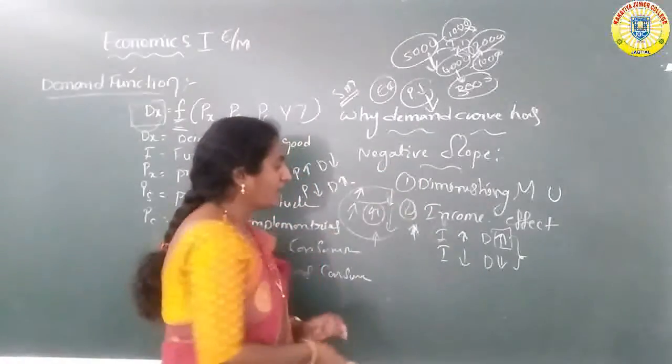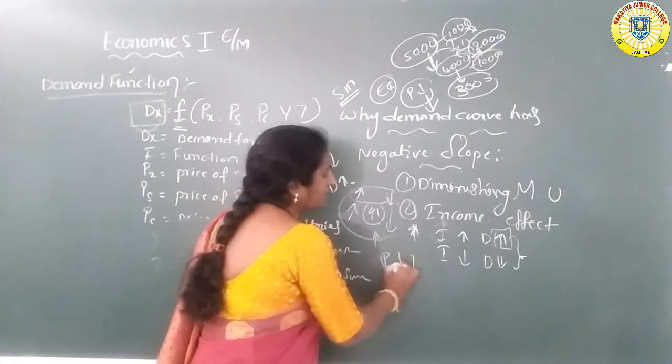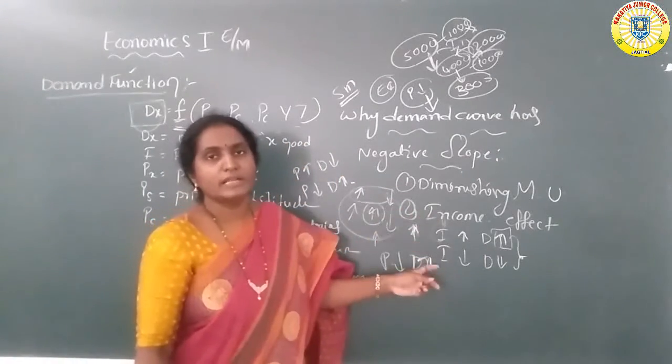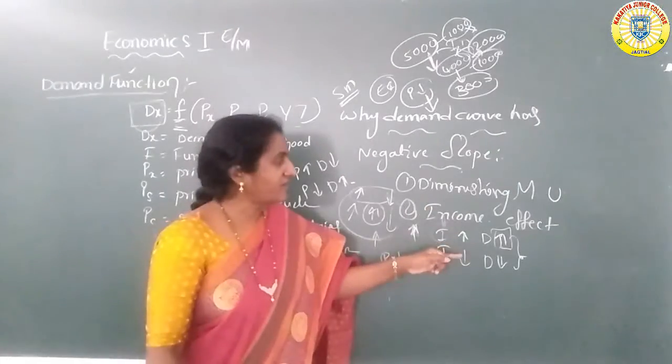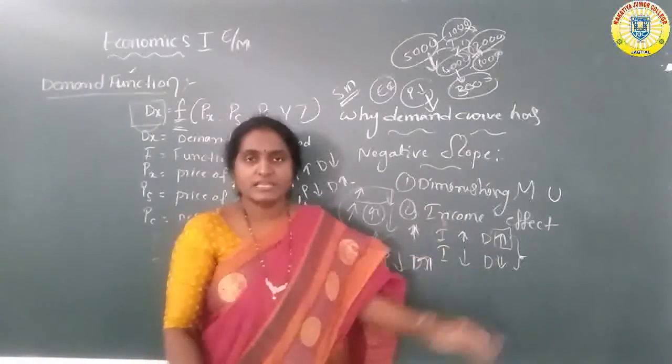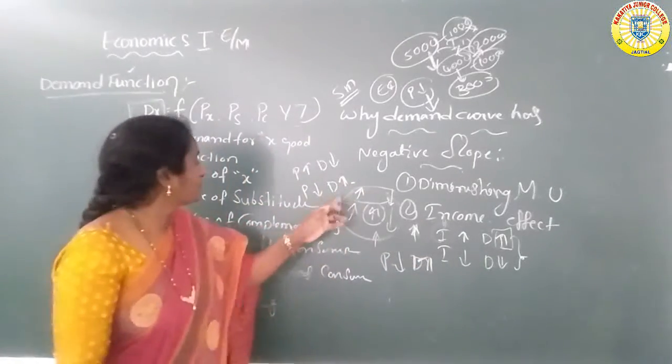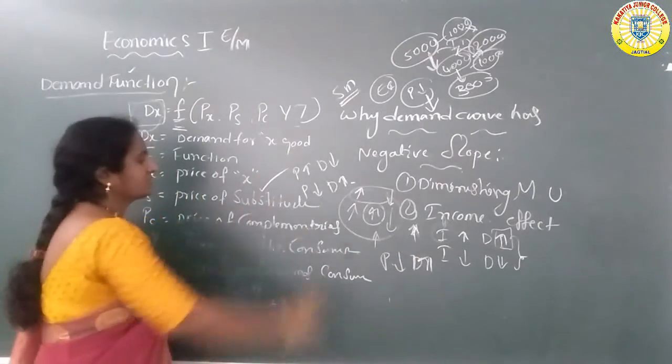So when the price level decreases and the purchasing power of the consumer increases, the quantity demanded increases. That's why the demand curve has a negative slope. Next one is the substitution effect.